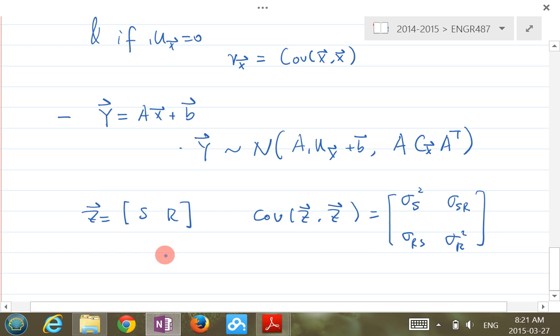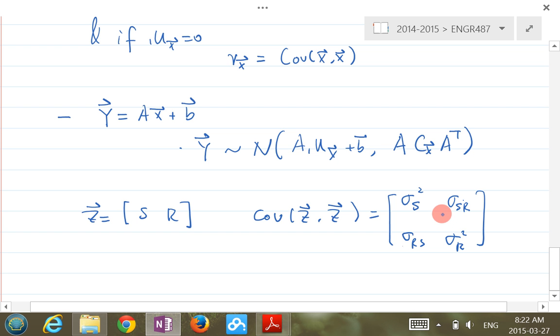If you look at this matrix, the off-diagonal entries indicate the dependency of the two random variables. If the two random variables are independent, these two should be 0.